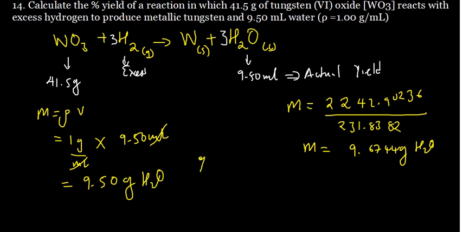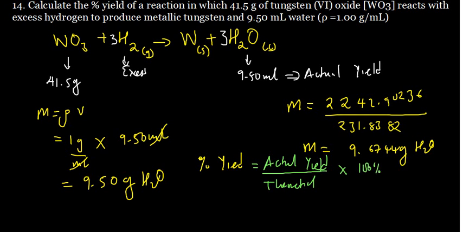So percentage yield is given by the actual yield over the theoretical yield multiplied by 100%.